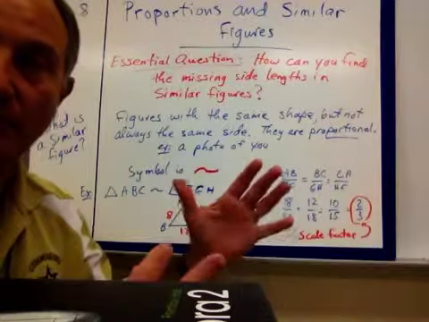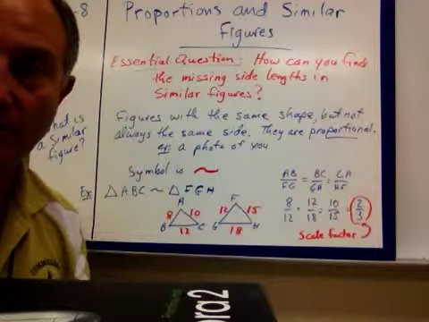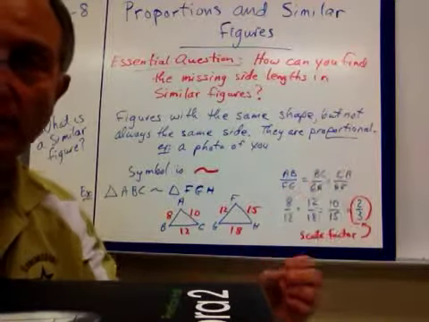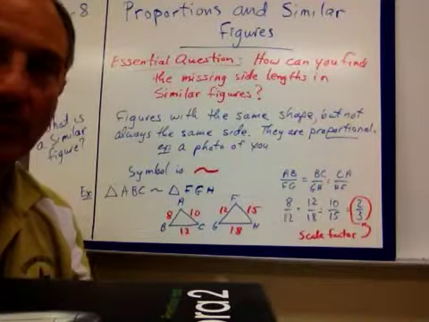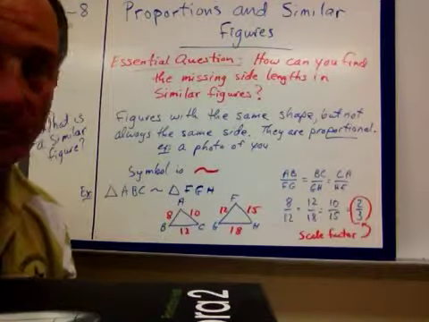If you're going to take one side and double it, you have to double the length of all the sides. Or if you cut them into a third, you've got to cut all of them into a third, otherwise it looks cockeyed and it wouldn't be proportional anymore.